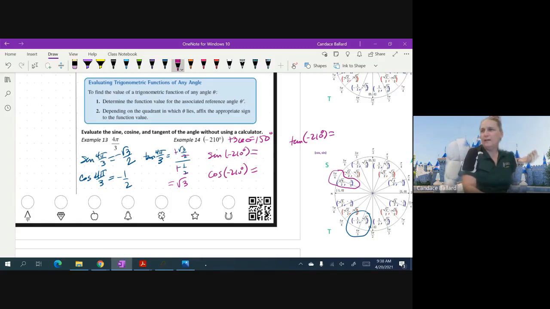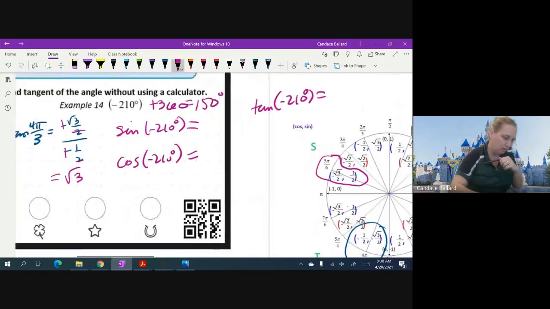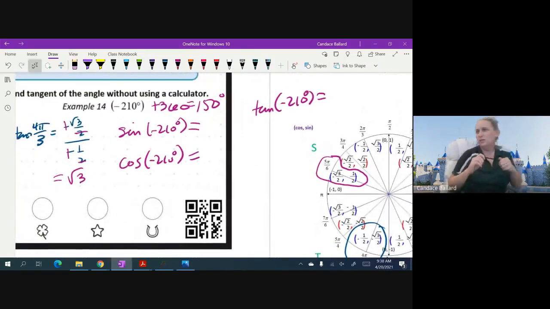All right, can you tell me what is the sine of negative 210? Tell me in the chat, what are we getting? I'll blow it up a little bit if you don't have it in front of you. What is the sine of negative 210? So remember, negative 210 is in quadrant 2.